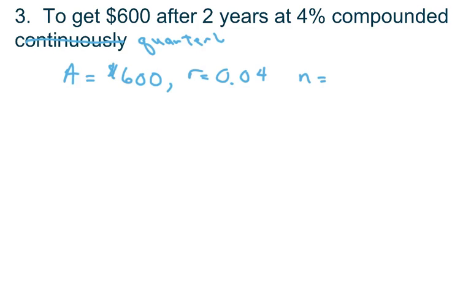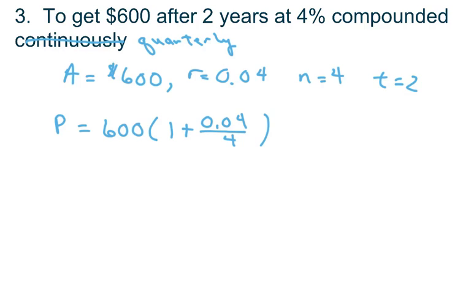So this is quarterly, sorry about that. So N is 4 because there's 4 quarters in a year, and T equals 2. So we get P equals 600 times (1 plus 0.04 over 4) to the negative 4 times 2, which is approximately 554.09.